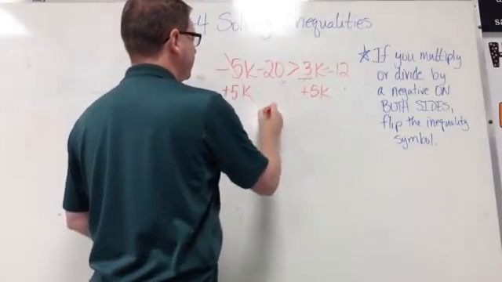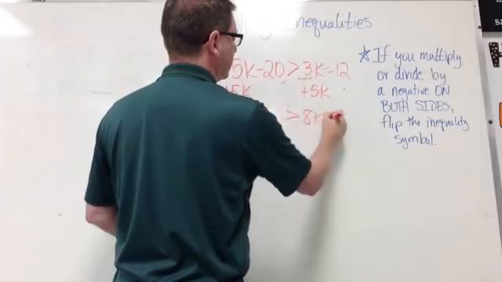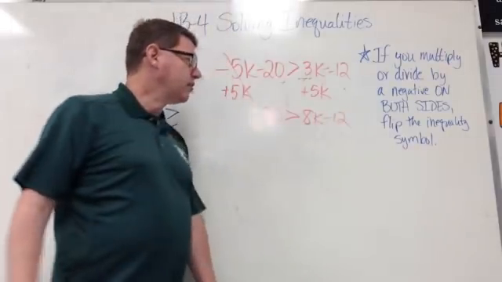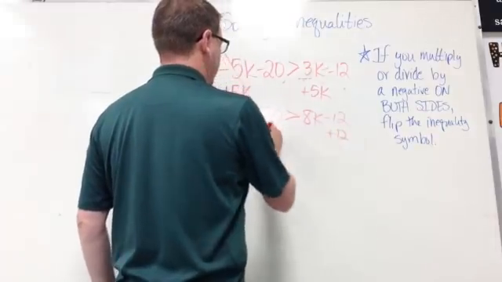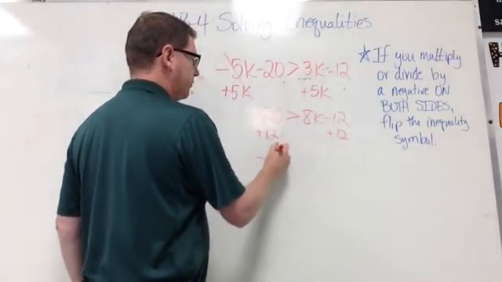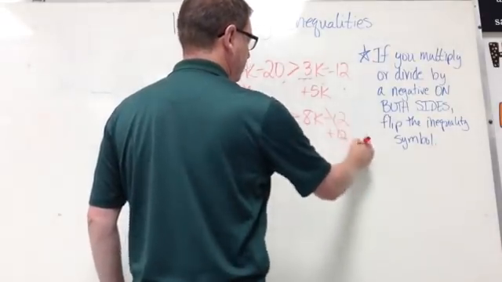And so I'm left with -20 is greater than 8k minus 12. Now I'm going to add 12 to both sides, and I'm left with -8 is greater than 8k.